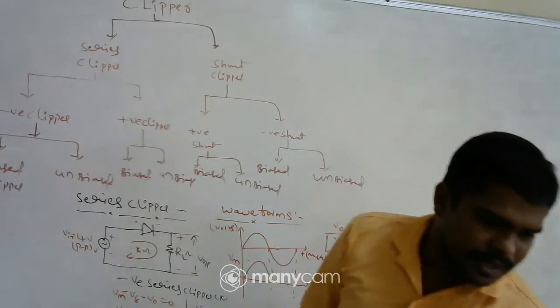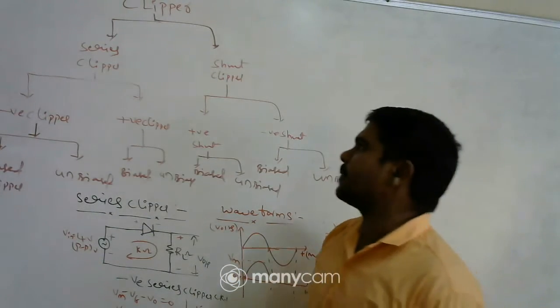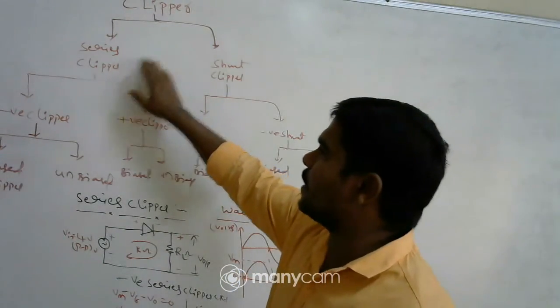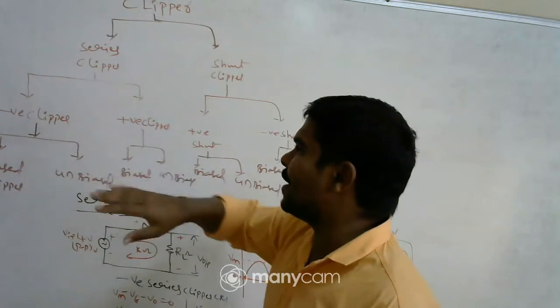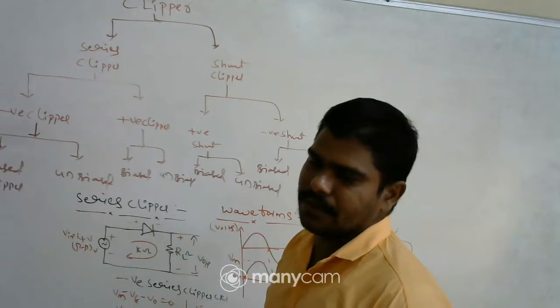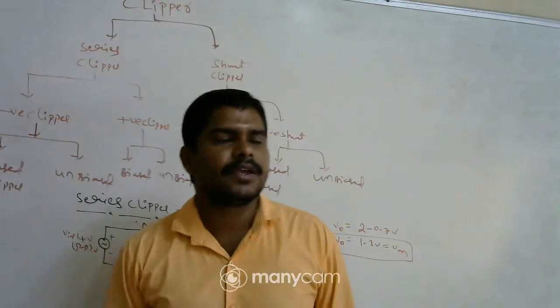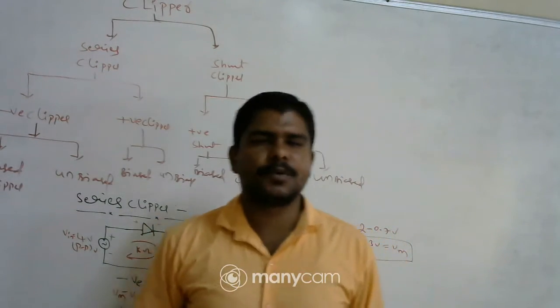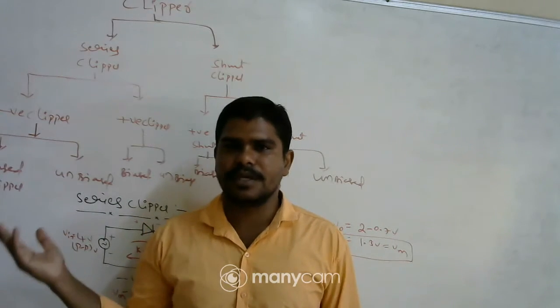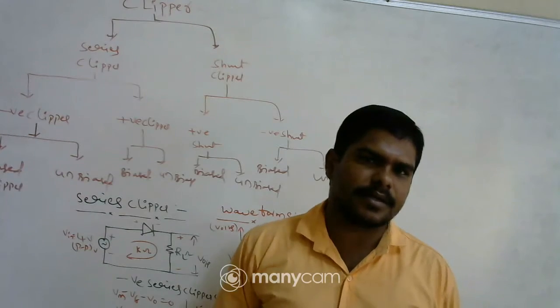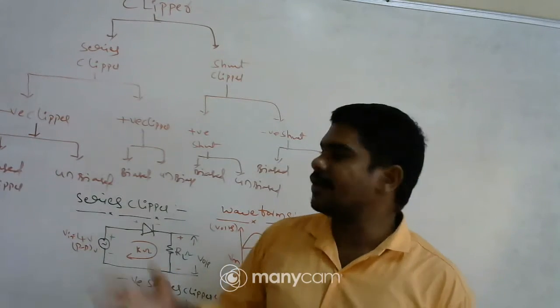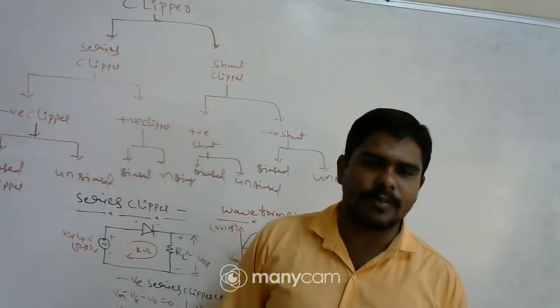The series clipper is further classified into two types: a negative clipper and a positive clipper. If you want to remove the negative part of your input signal, you can use a negative clipper. If you want to remove the positive part, you can use the positive clipper circuit.